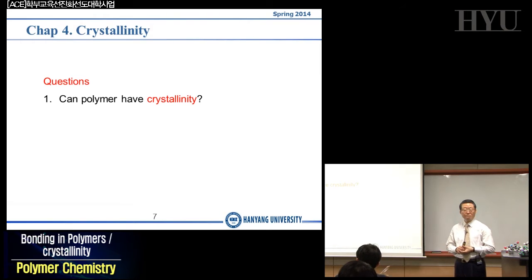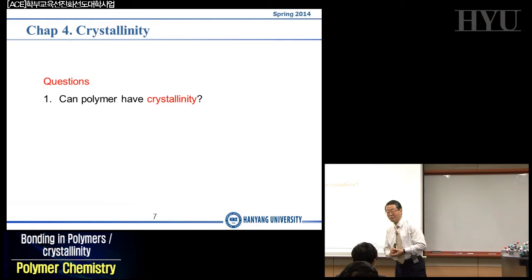Polymer usually has a crystallinity, right? Crystallinity. And what's the crystallinity? Can anyone describe the crystallinity? What are crystals? What kind of crystals do you know?